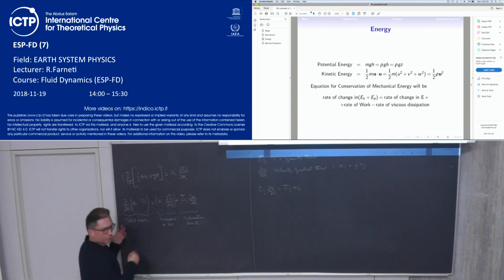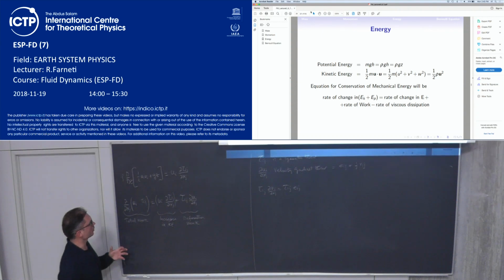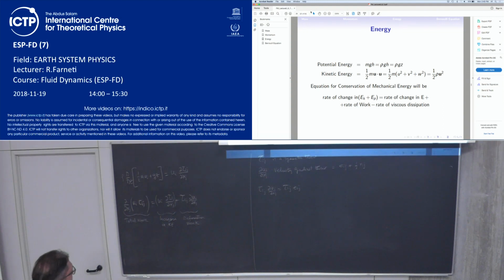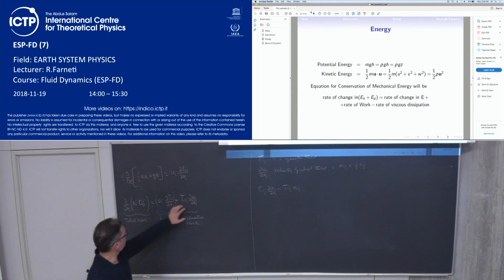So this is the total work done on the element of fluid. And so you have these two terms, okay? This is the increase in kinetic energy because of the force imbalances in the element of fluid. And this is what we're going to call the deformation work. Okay?